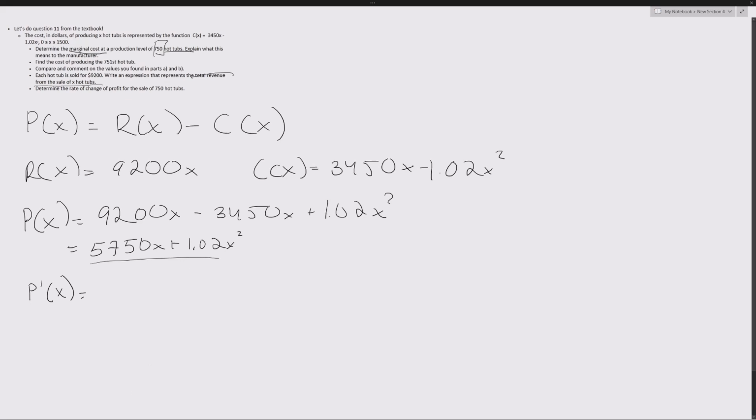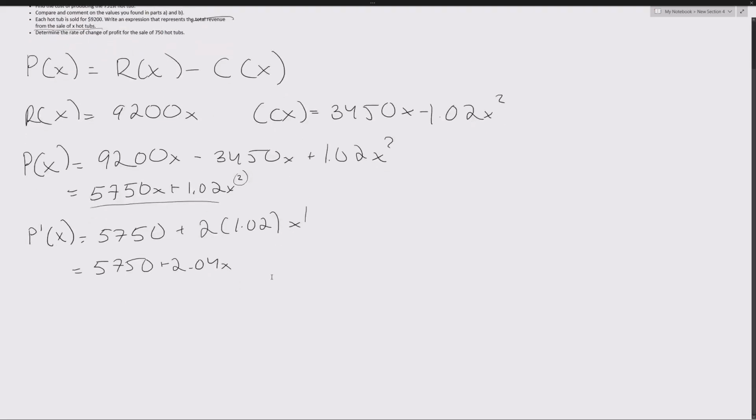Again, we have a constant times a variable with the power of 1, so that just becomes the constant. Then we have x squared, so we put the 2 in the front, leave the 1.02, then we decrease the power by 1, so we have x to the power of 1 now. So if we want to simplify this, we get 5,750 plus 2.04x.